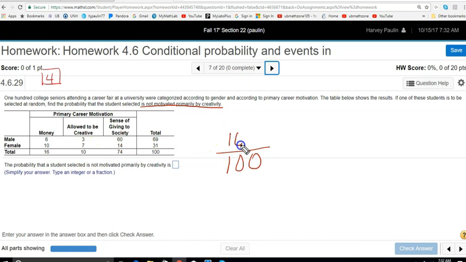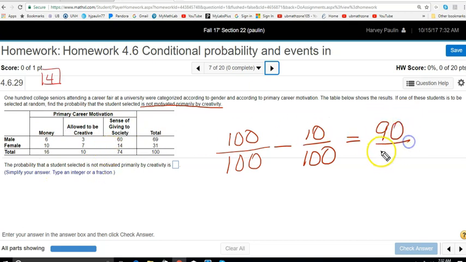So if we have the whole, which is 100, and we subtract those that are not included in this, which would be 10 out of 100, in a sense, we're finding the complement of this, and that would be 90 out of 100.